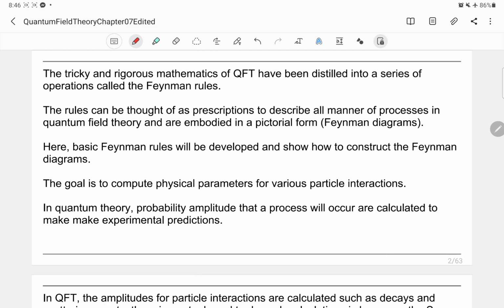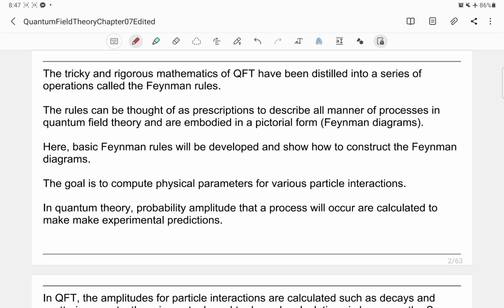And he invented the rules out of the Feynman diagrams that he also invented. So the rules can be thought of as a prescription to describe all manner of processes in quantum field theory, and are embodied in a pictorial form called Feynman diagrams.